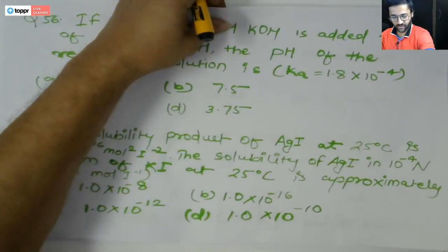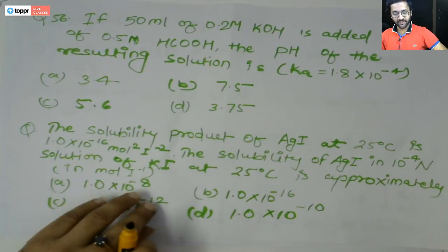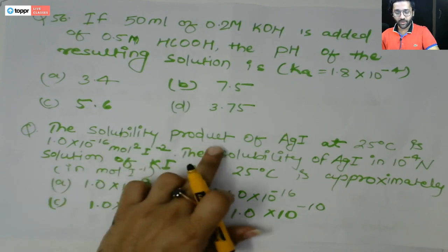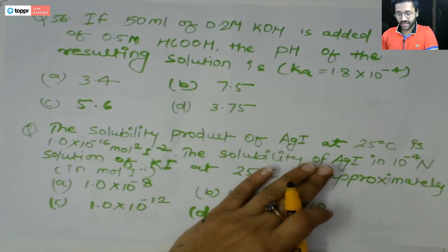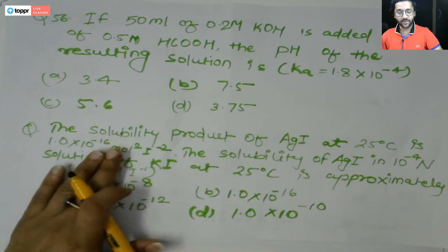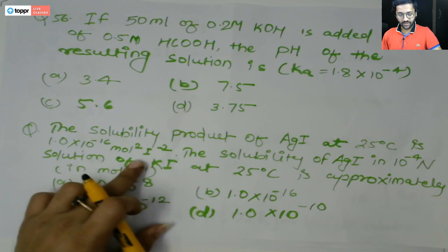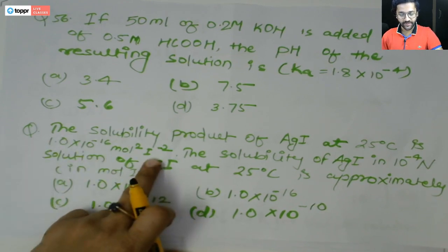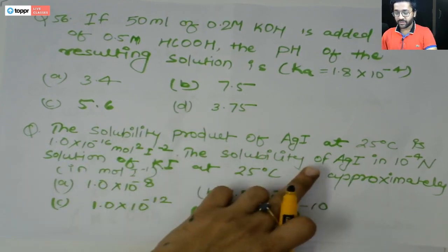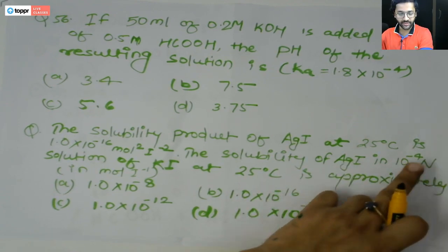So here I have another question for you. What I am given here is that the solubility product of AgI at 25 degrees Celsius is 1 into 10 to the power minus 16 mole square per liter square. The solubility of AgI is 10 to the power minus 4 normal.